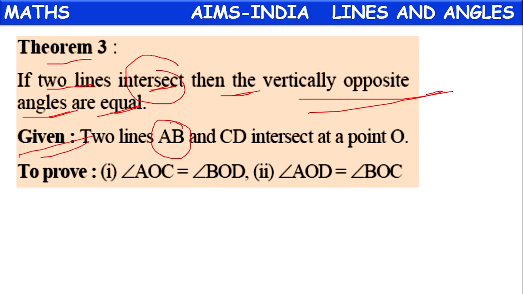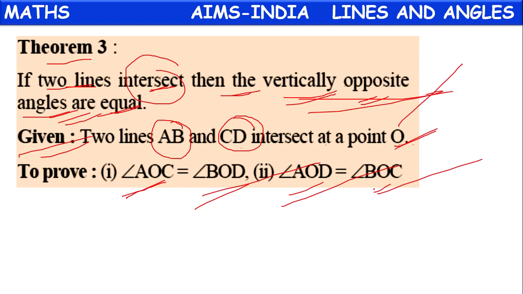So let the lines be AB and CD, and let them intersect at point O. At the point of intersection, vertically opposite angles are formed. So AOC and BOD are equal, and AOD and BOC are equal. This we have to prove.